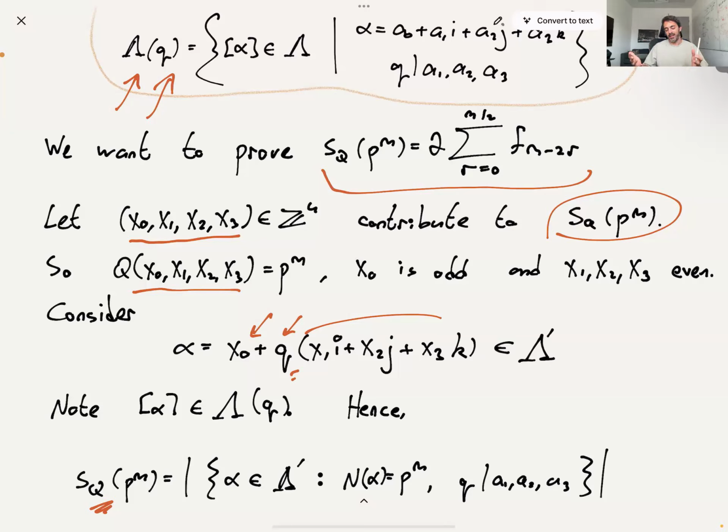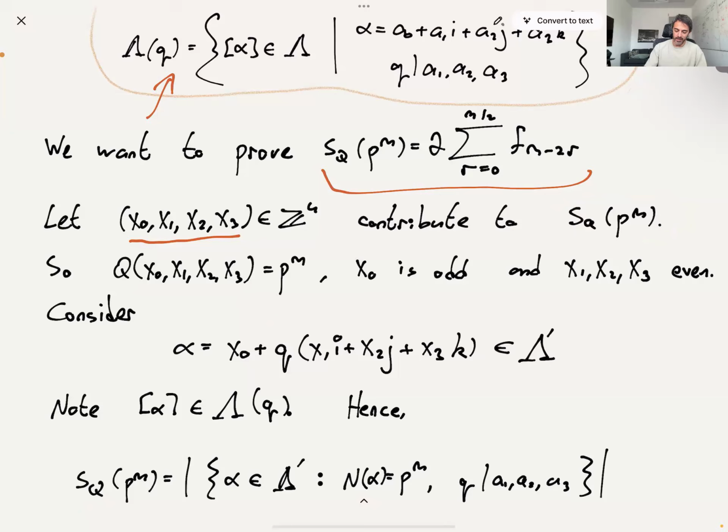And what I'm claiming is that actually there is an equality, because if you just see that everything is reversible, if you take any alpha in lambda prime whose norm is P to the M, and Q divides the non-free coefficients, then you can form a 4-tuple that contributes to SQ of P to the M. Just by construction.